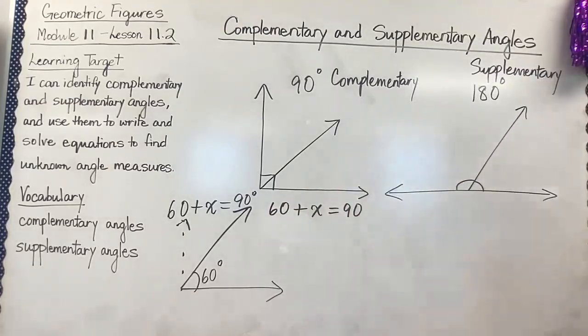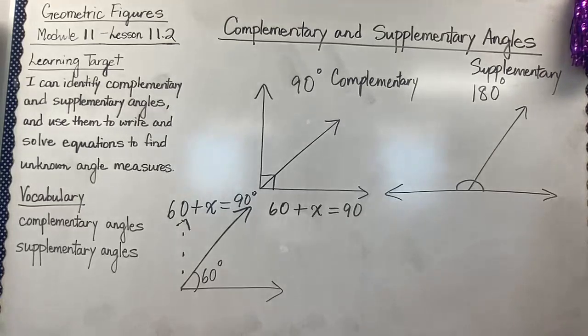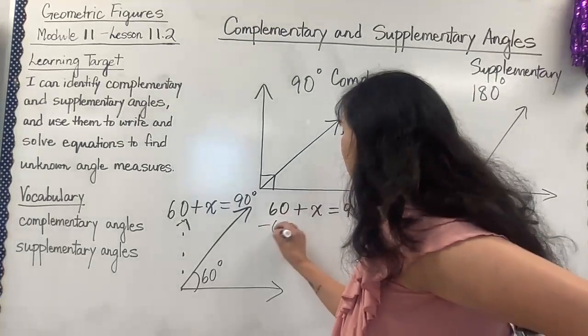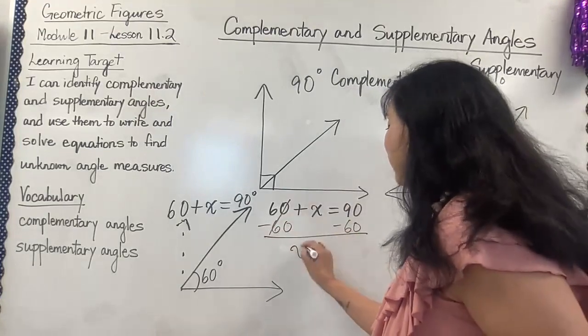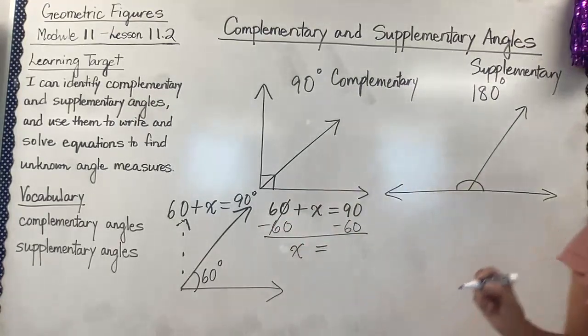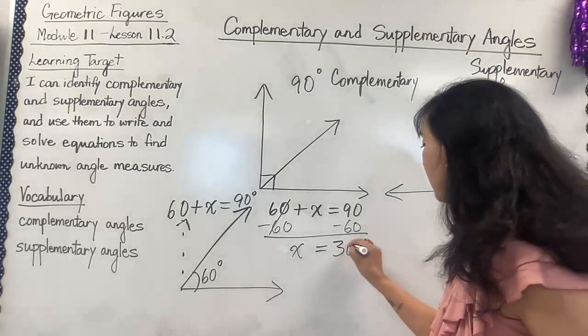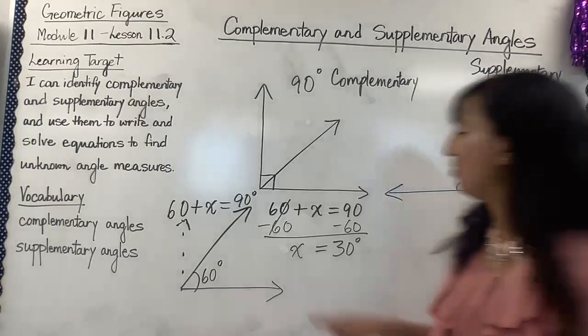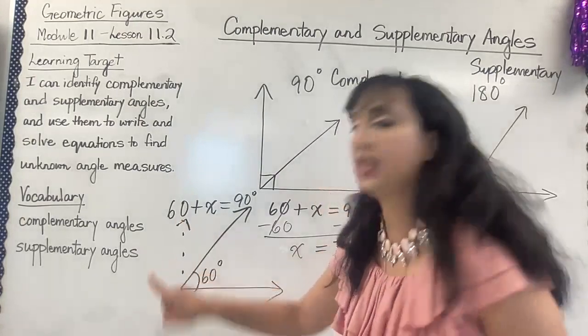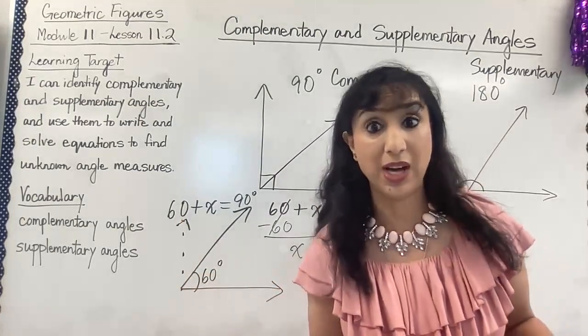And obviously going to use the subtraction property of equality, so minus 60 minus 60. And so x is equal to, what is it? 30 degrees. So x is equal to 30. So the measure of the angle complementary to the 60-degree angle is going to be 30 degrees because it should add up to 90 degrees.